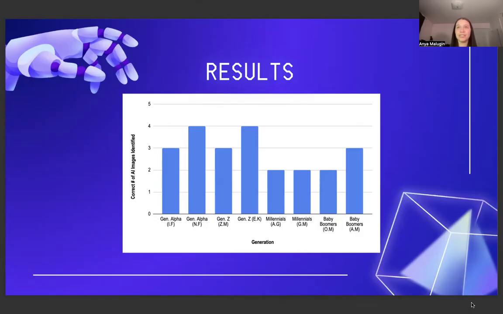I would be very interested to conduct this experiment on a much larger scale, with a larger sample and more images within the experiment, but perhaps another time.